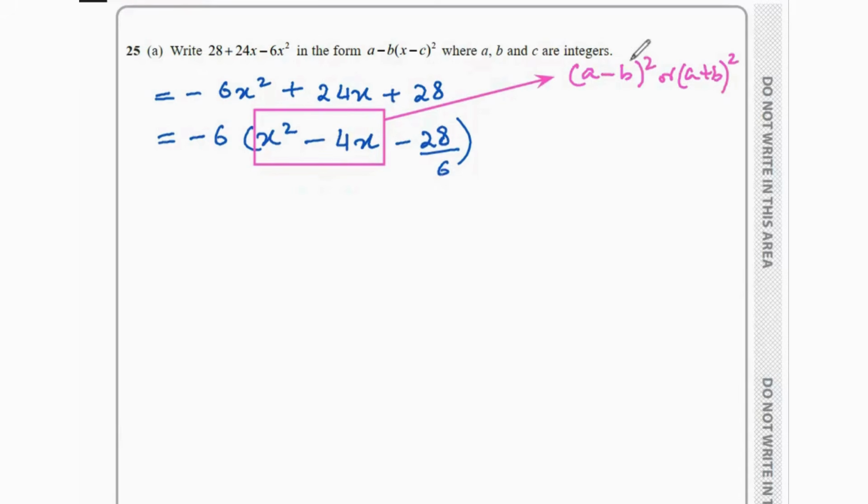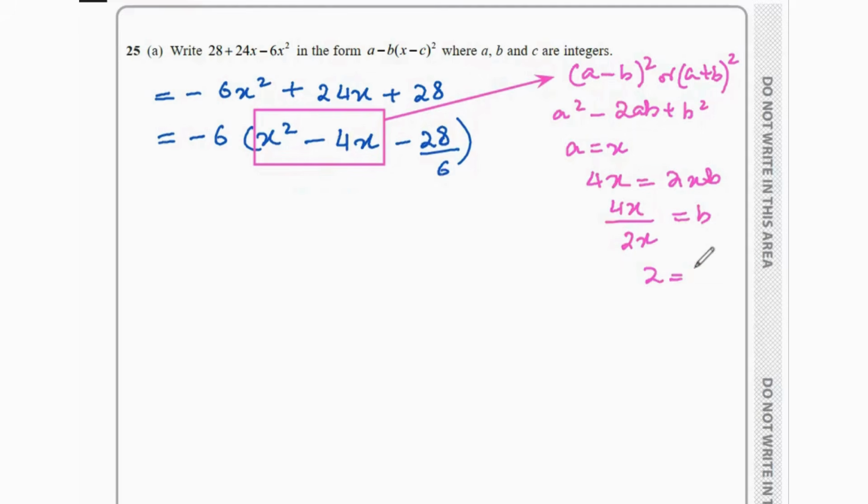Since it's minus over here, we're going to use a minus b whole squared, which is basically a squared minus 2ab plus b squared. We have our a squared, which is x squared, which means a is equal to x. And our 2ab is 4x. So 4x equals 2xb. I replaced a with x. So 4x over 2x is b, which is 2.